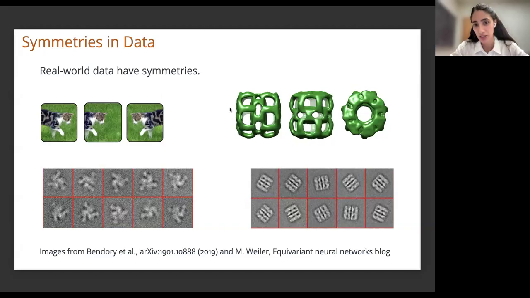And in this other picture, this is the 3D density map of some protein, and these are the corresponding 2D images. So it's no secret that symmetries appear in real world data. And I think that this is really interesting.